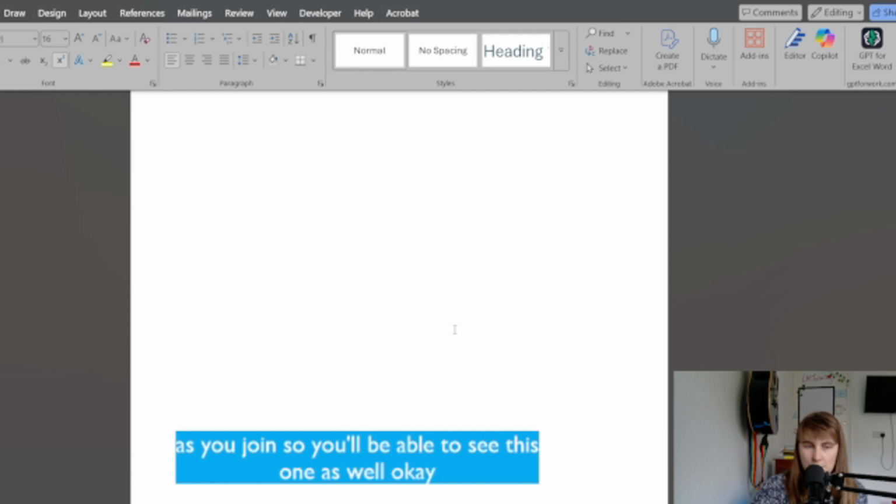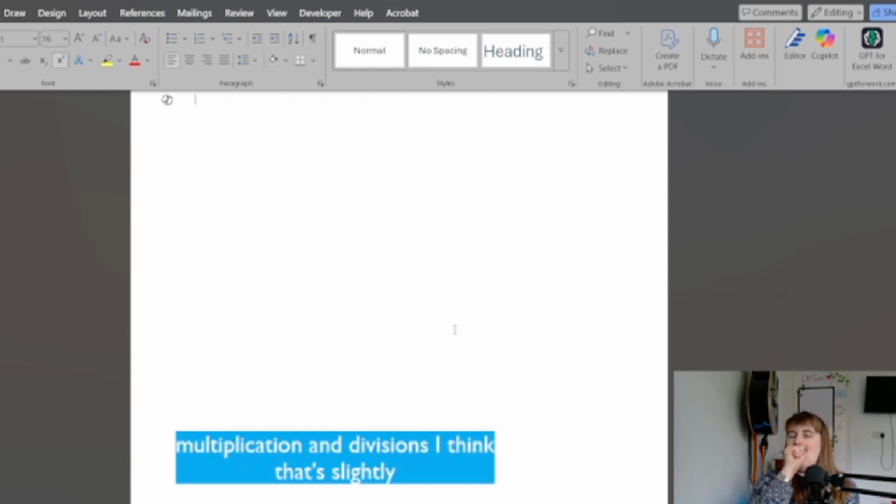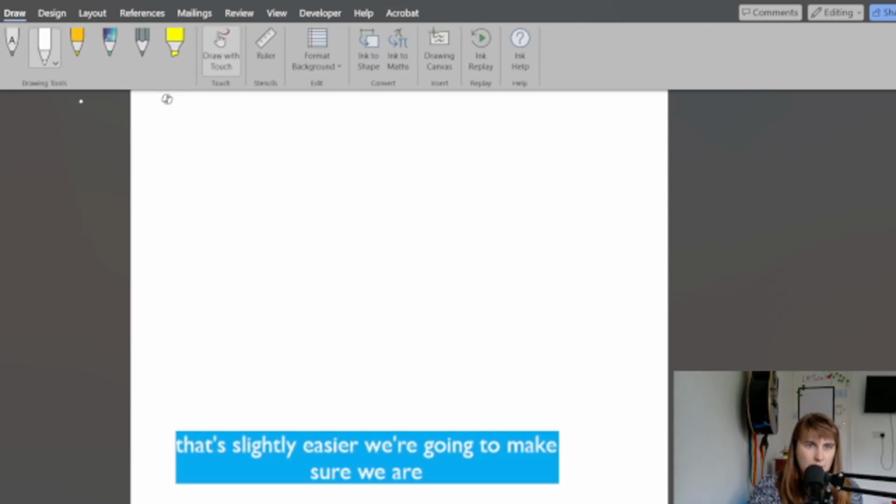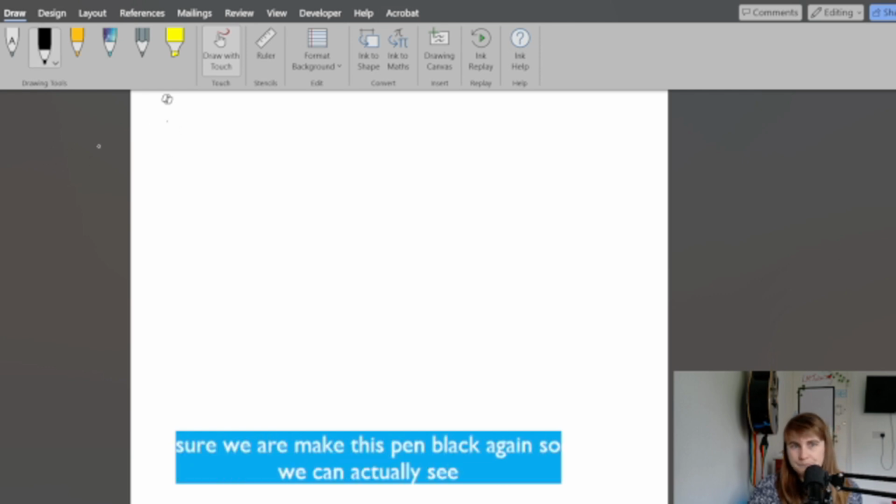Okay, so let's start with multiplication and division, because I think that's slightly easier. We're going to make this pen black again so we can actually see it.